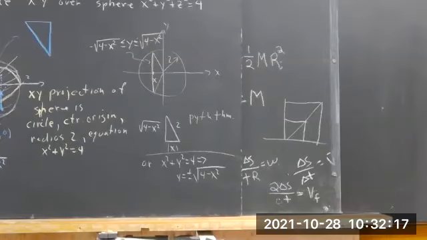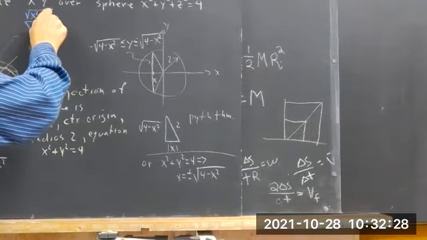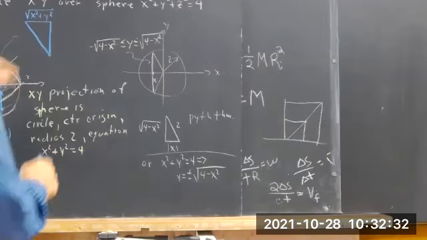How long is this side? How far is it from the origin to the point (x, y)? Well, like the Pythagorean theorem, this side is the square root of x squared plus y squared. This side is 2.